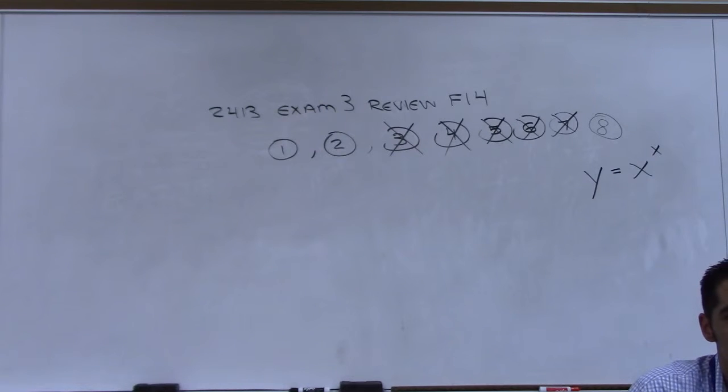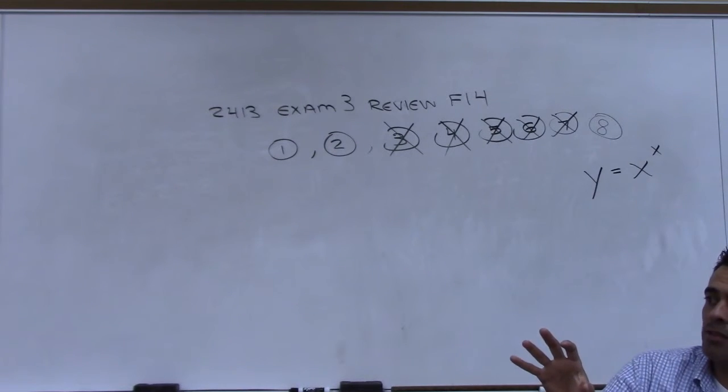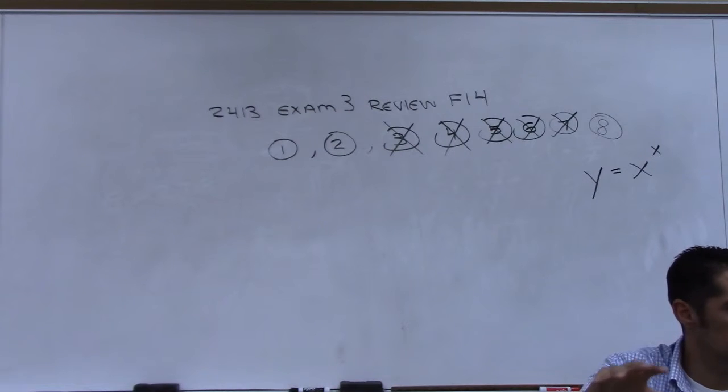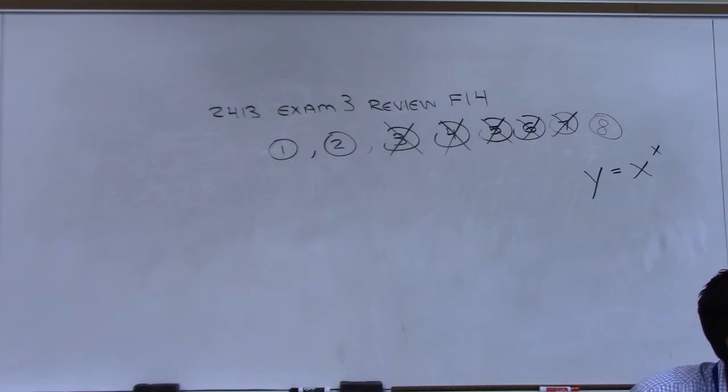Implicit differentiation. That's another topic that's going to be on this test. Implicit. Remember where you can't solve for y, so you have to take the derivative on both sides of the equation implicitly. So if you look back on this one, it starts on number 21. So I'm looking at the exam. It says 2413 exam 2 review.